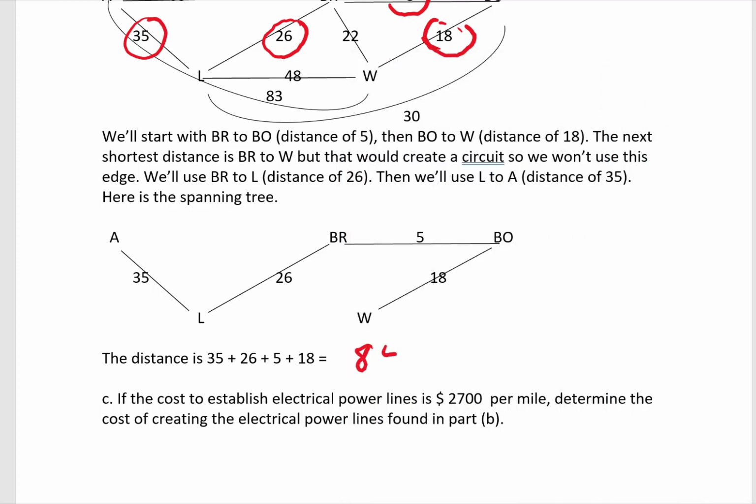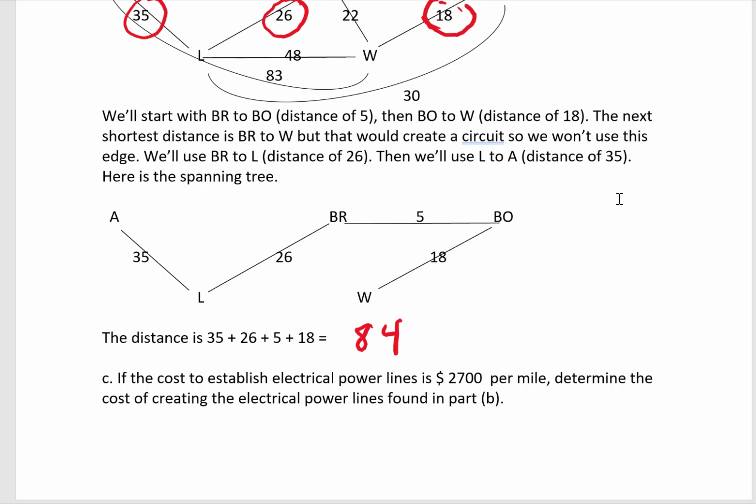And then they want me to figure out the actual cost because they told me that the cost per mile for the electrical power lines is $2,700.